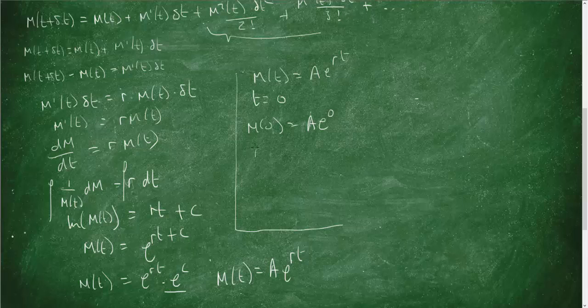So m of 0 equals a. So we can substitute this back in. So we would have m of t equals m of 0 e to the rt, where m of 0 is your principal amount, and e to the rt is just the continuously compounded return.